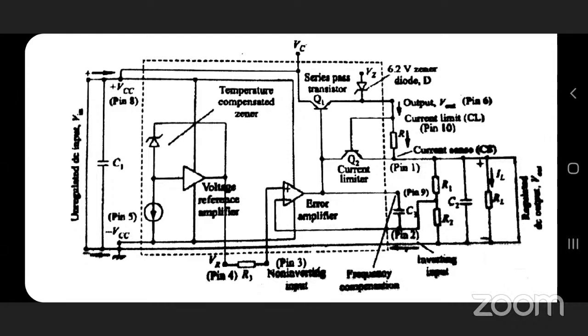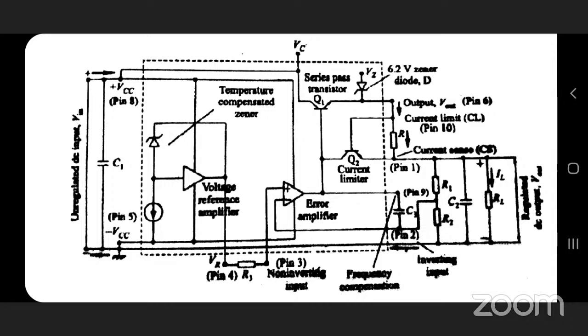Here also an unregulated DC voltage is there at the input section. There is a Zener diode and also an amplifier, and different types of resistors and capacitors, filters, and an op amp, operational amplifier, and also two transistors are to be considered here.